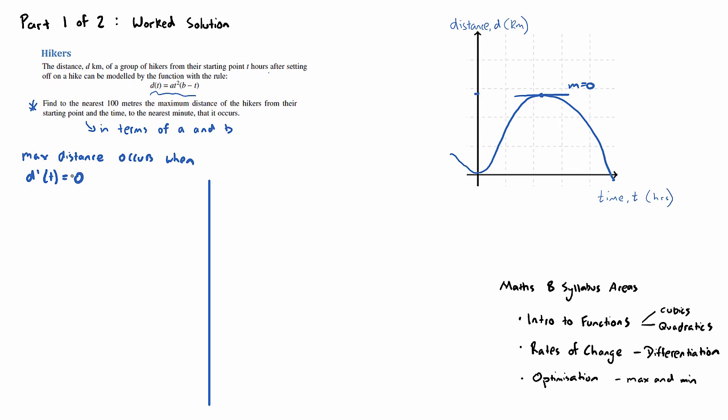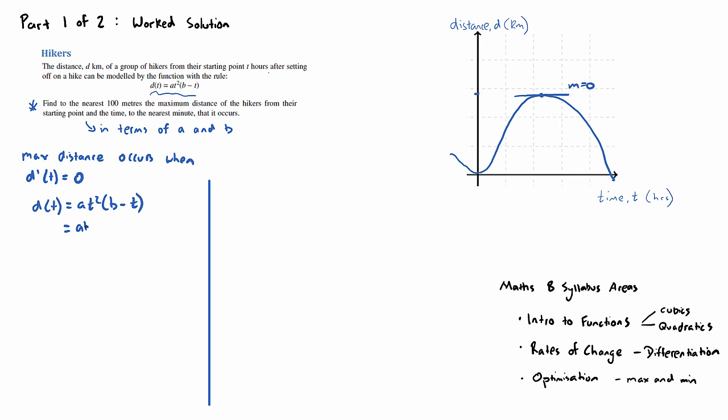So we need to find the derivative of the function. I'm firstly just going to rewrite the function. dt equals at squared brackets b minus t, and then I'm going to expand it out to make it easier to derive in the next step.